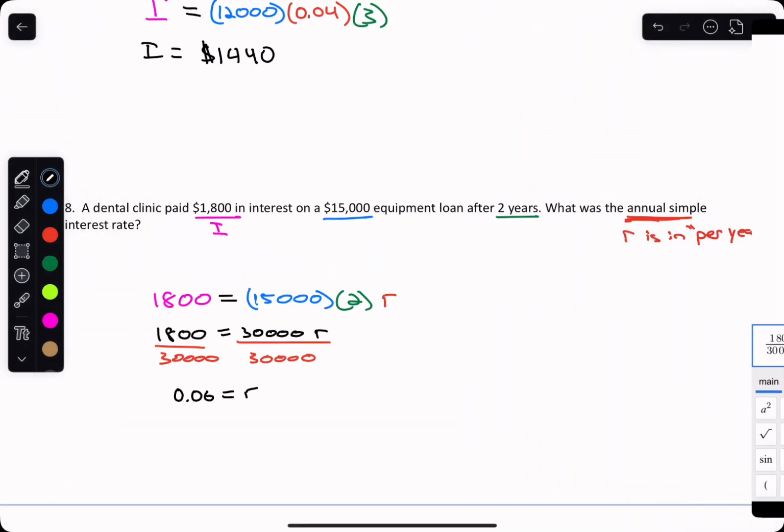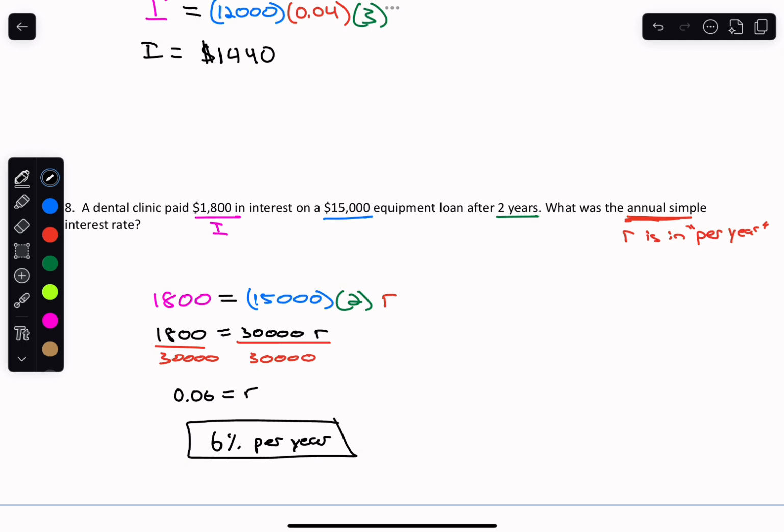We just then need to convert: 0.06 is 6% per year. So the annual percentage rate is 6% per year.